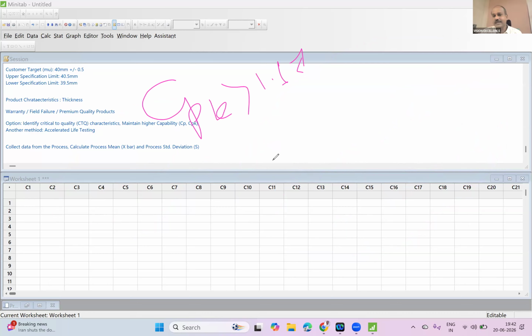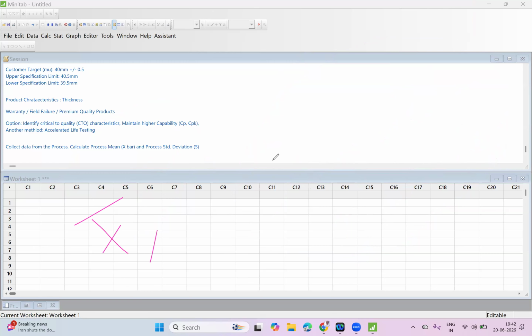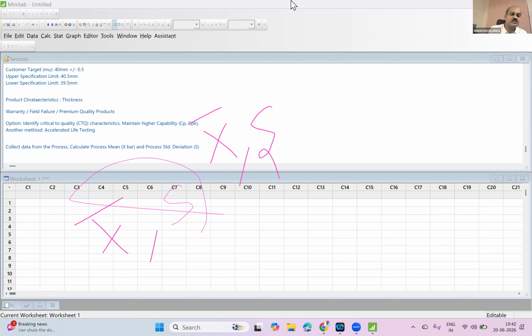Now, how can I improve the CPK? I need to check on my X bar, and I need to check on my S. One is X bar, the other one is S. Now tell me, what should I check with X bar and what should I check with S?